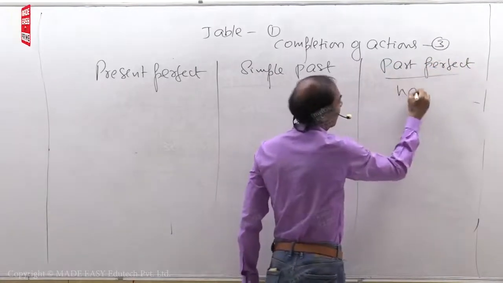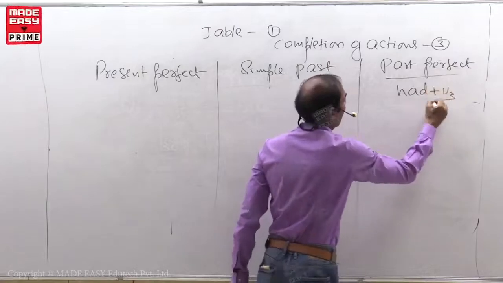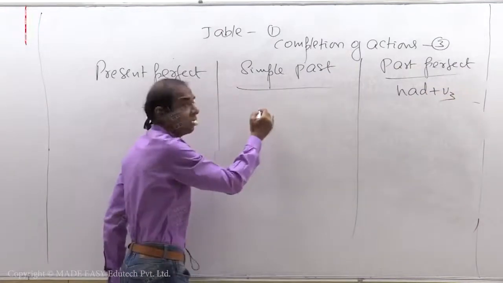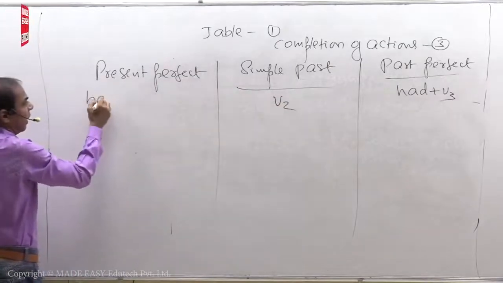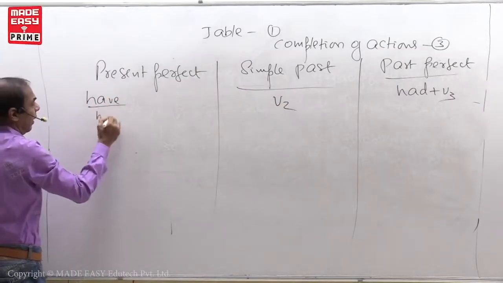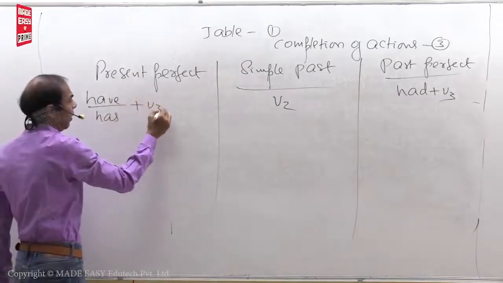What is the formula of past perfect? Had plus V3. What is the formula of simple past? V2. What is the formula of present perfect tense? Have or has plus V3.